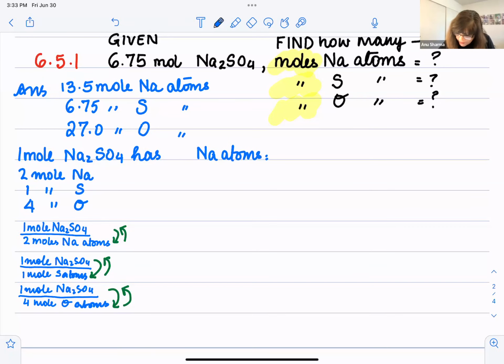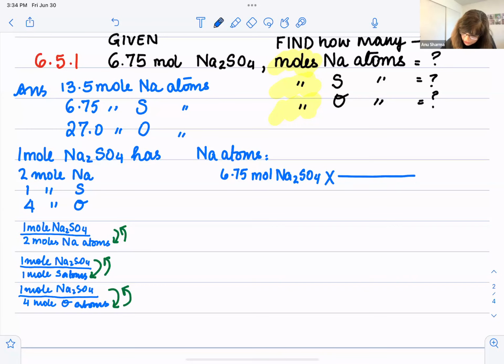We are given 6.75 moles of Na2SO4, times, we need to find how many sodium atoms there are. So 2 moles of sodium atoms are present in 1 mole of Na2SO4.